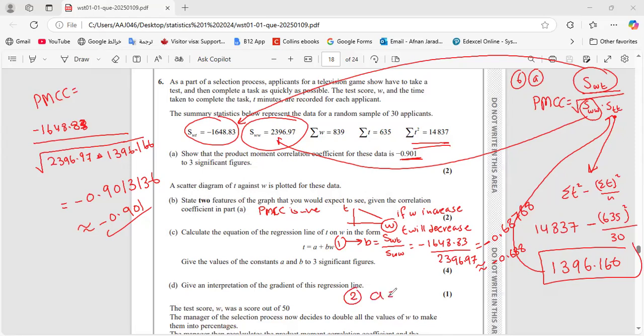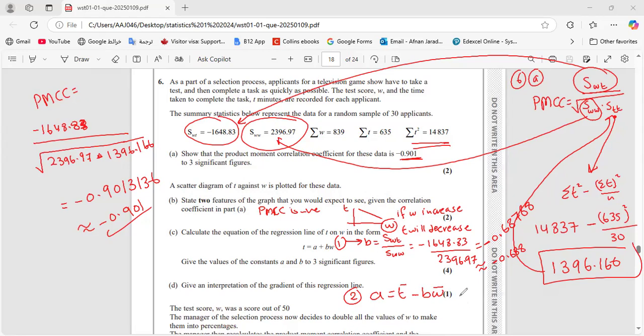A equals T bar minus B W bar. Because the y-axis is T and the x-axis is W, A equals y bar minus B x bar, so instead of y bar it is T bar, and instead of x bar it is W bar.